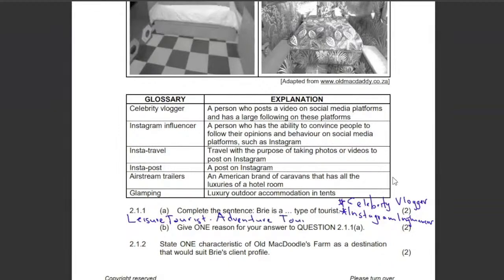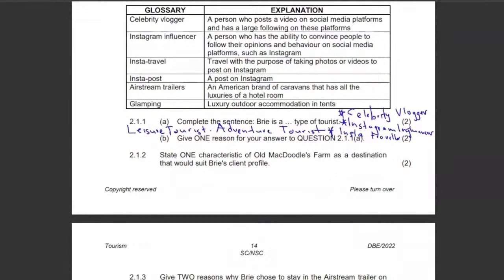She is also an adventure tourist. So all those are possible options for the same question. Then you can also say that she is actually an Insta traveler, which simply means that she travels with the purpose of taking videos or photos to post on Instagram.